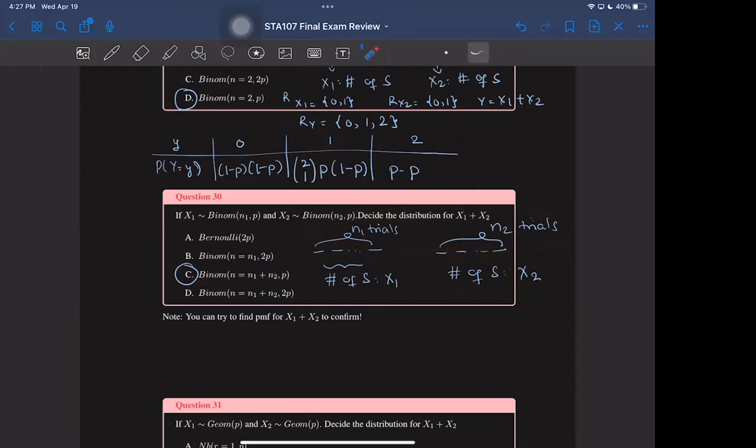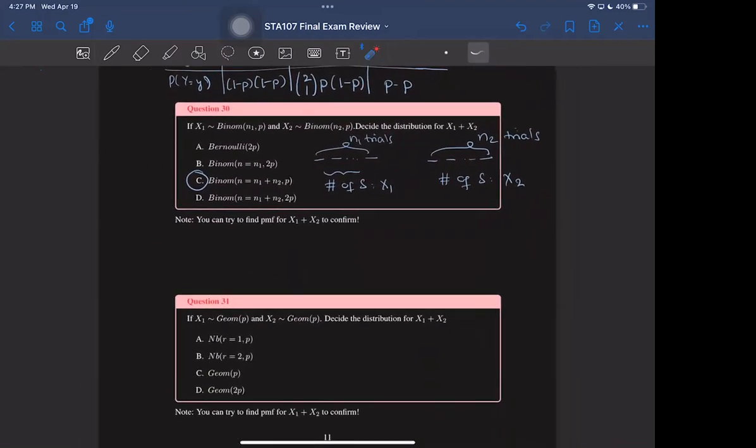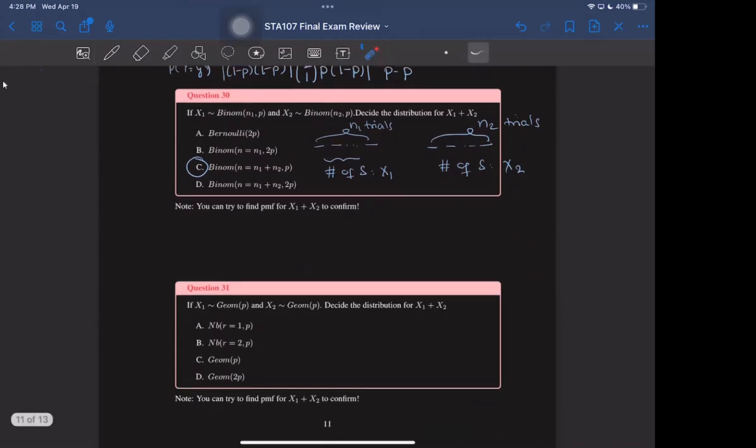Does this make sense? Let me know if you have any question. You can also try to derive the PMF by yourself to confirm that. If no question, I will let you vote on 31. You can message me privately if you have any question.